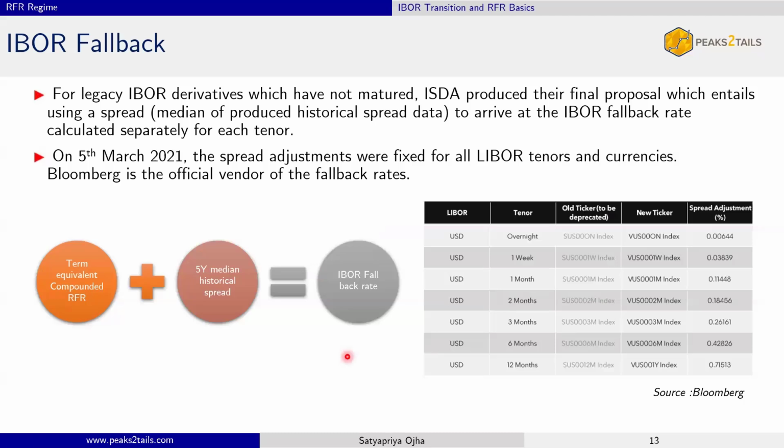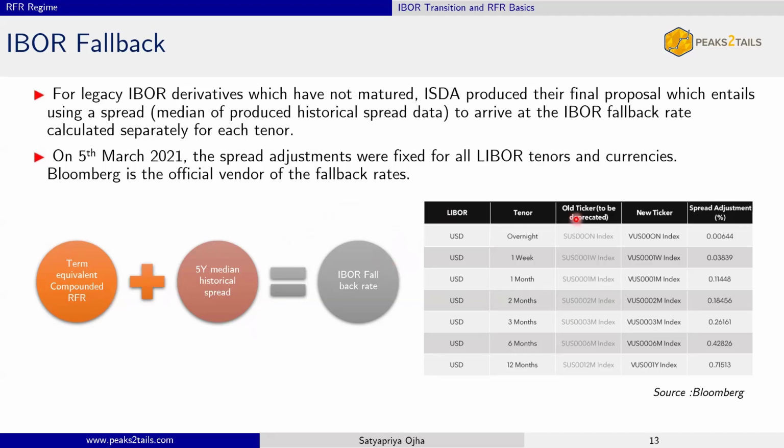Okay. LIBOR is risky, right? SOFR is risk-free. So LIBOR will have some spread. So from historical time series data, 5-year historical time series data, we captured that median spread between LIBOR and SOFR, and that spread is fixed. I keep using that spread as an add-on on top of the SOFR equivalent term rate to infer the LIBOR rate.